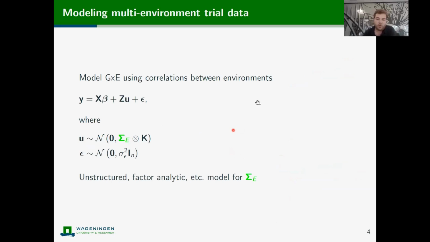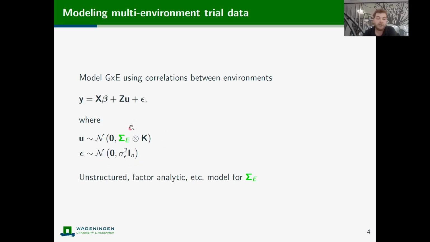If you want to do that in a mixed model, it's a fairly simple extension. Mathematically, the model looks the same. The only thing that changes is the covariance matrices for the random effects. For epsilon it just becomes bigger, but typically we still assume that they're all independent with maybe a single variance.